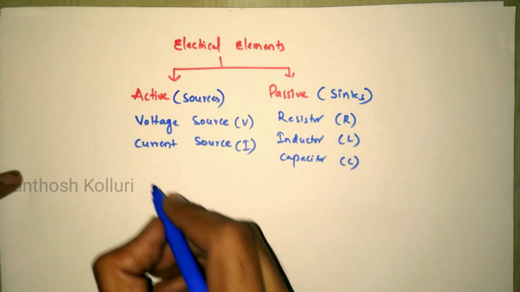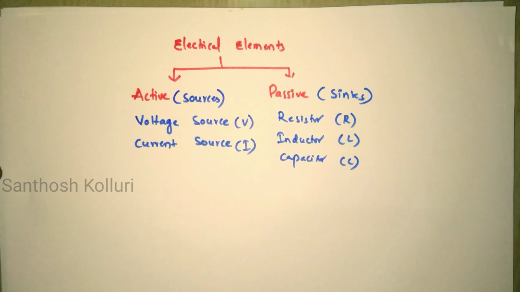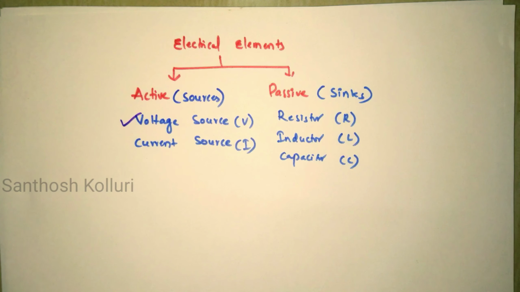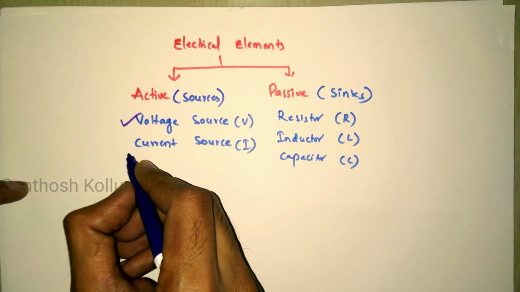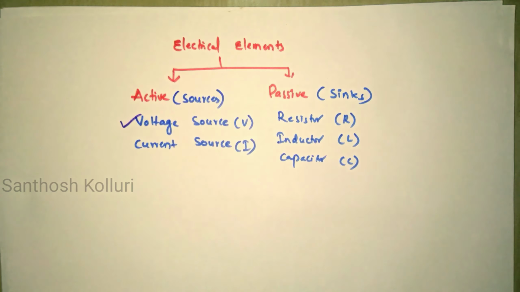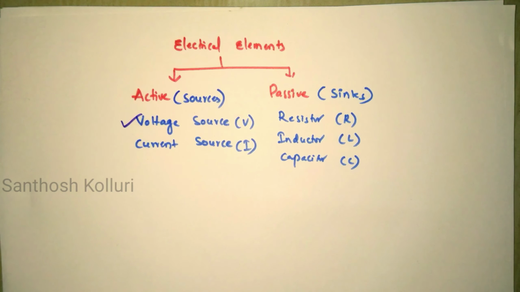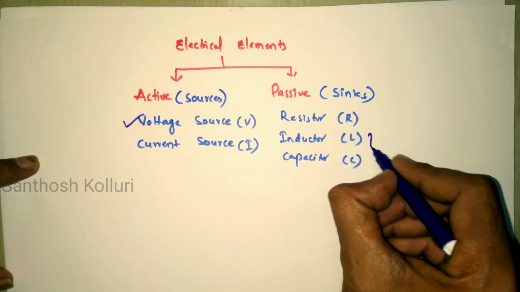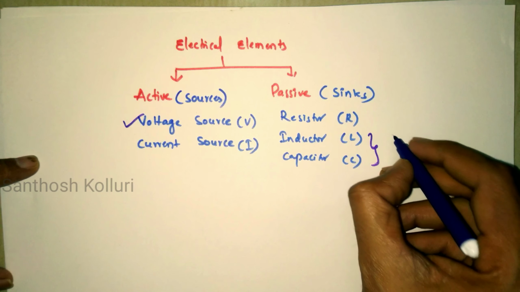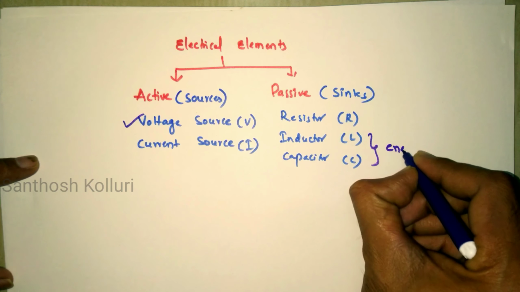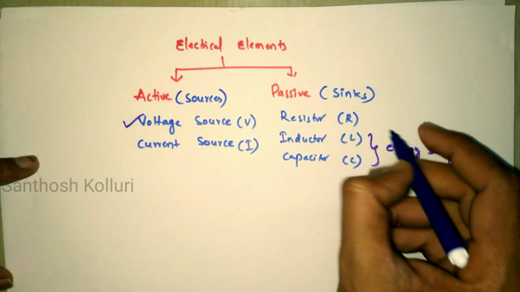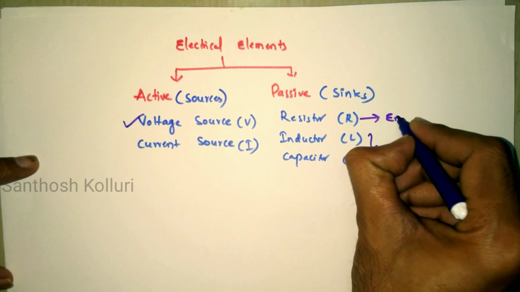Here the voltage source is practically available, and the current source is generally used for analysis purposes. The RLC passive elements are the sinks. The inductor and capacitor have energy storage capability, and the resistor is the energy dissipating element.